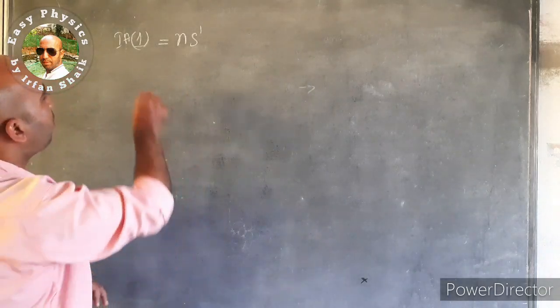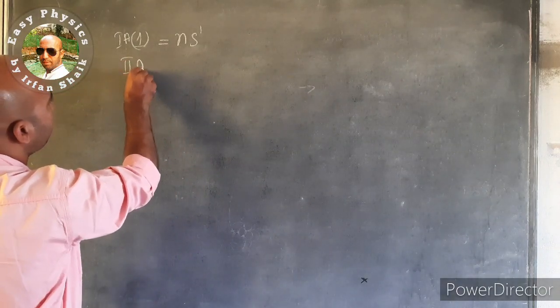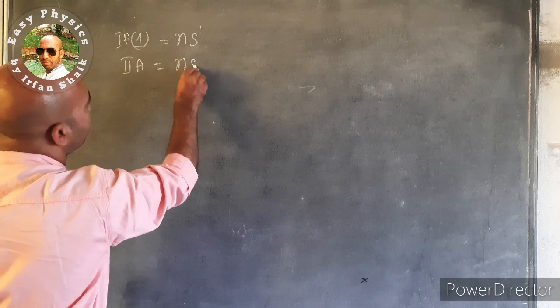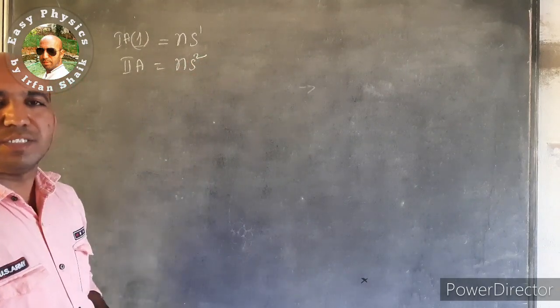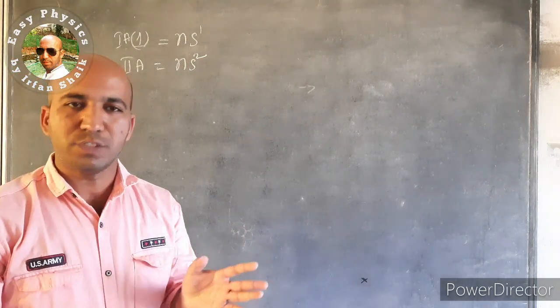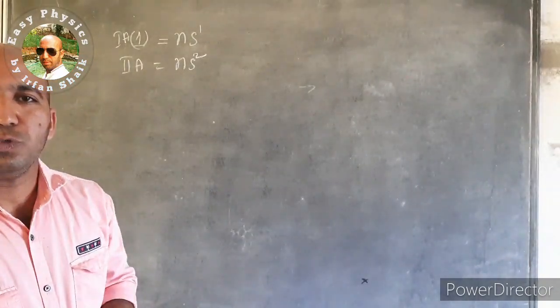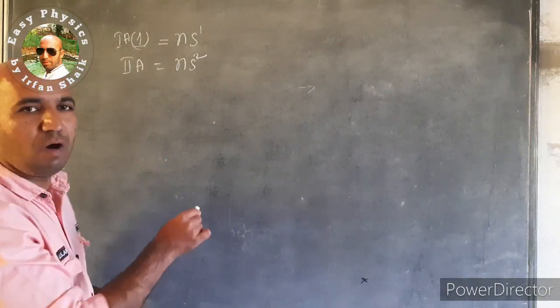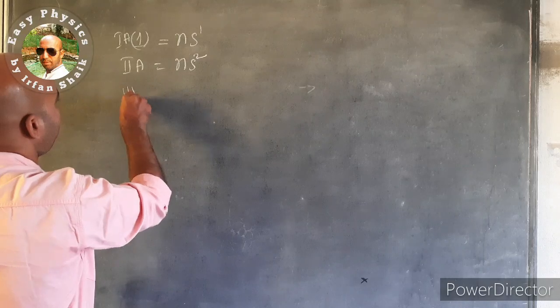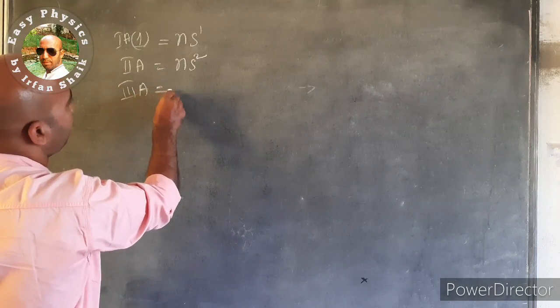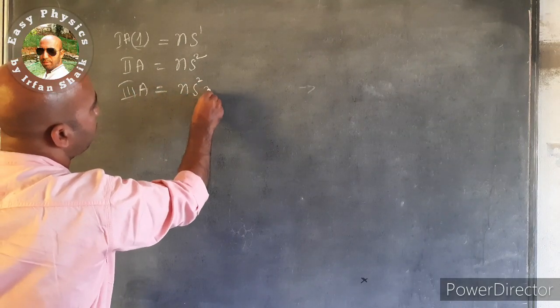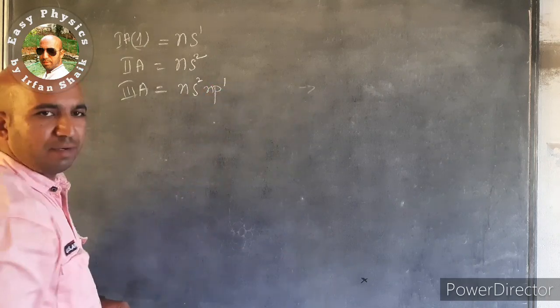Same like that for the 2A group, its general valence electronic configuration is ns2. Then the 13th group, or 3A group, is ns2 np1.